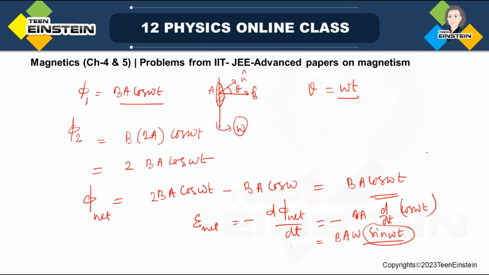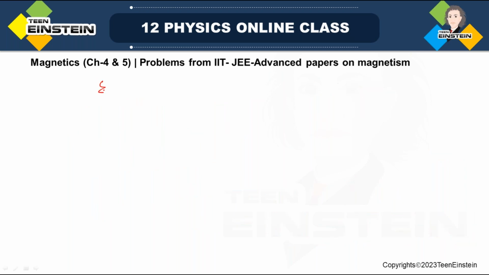See, this omega t can be taken as theta, as I said. So it is actually BA omega sine of theta. So net induced EMF is BA omega sine theta. Okay.